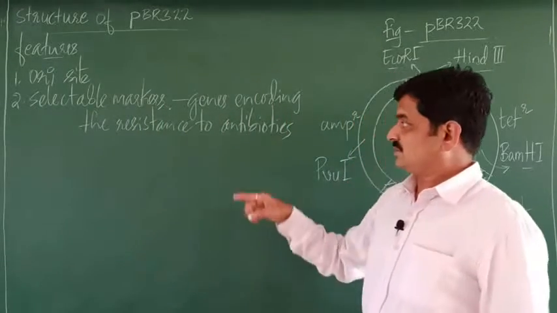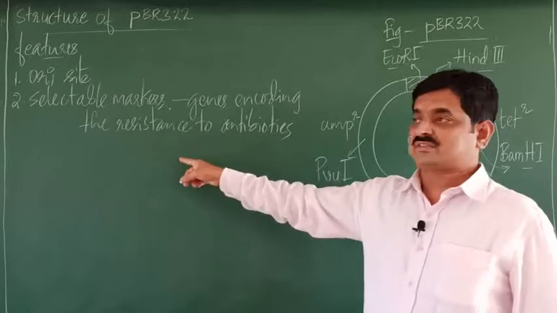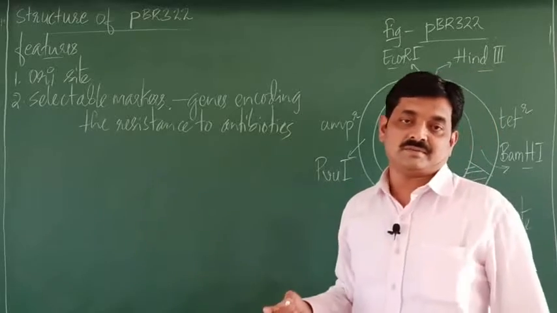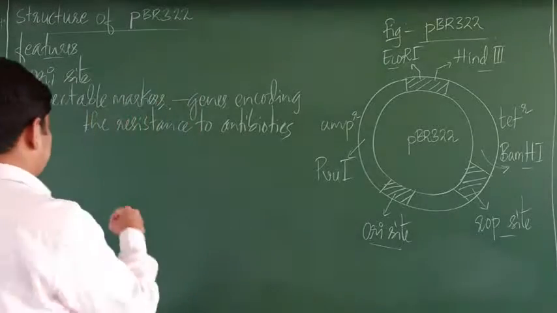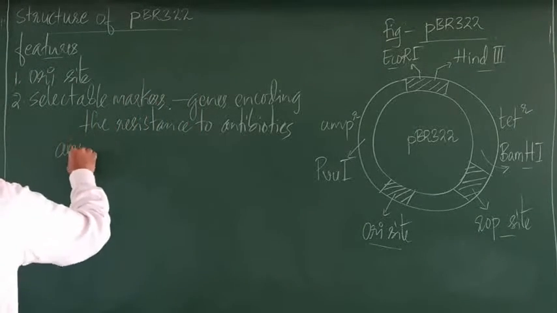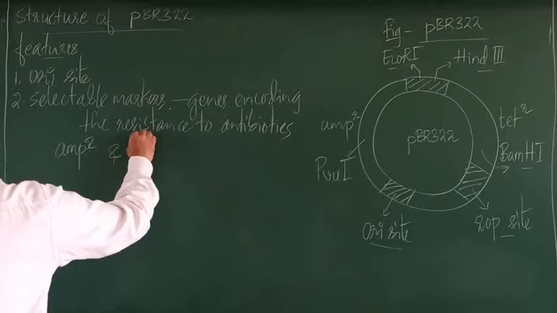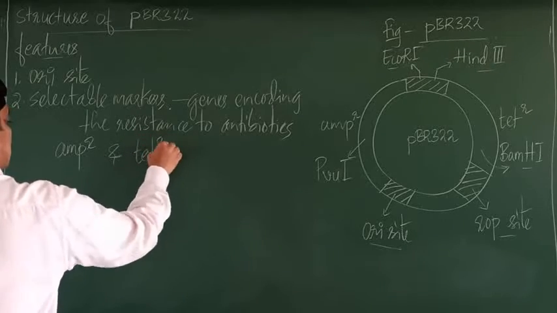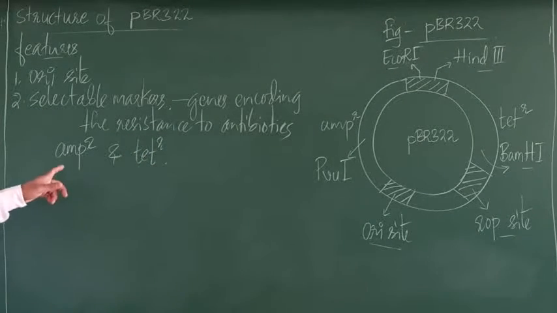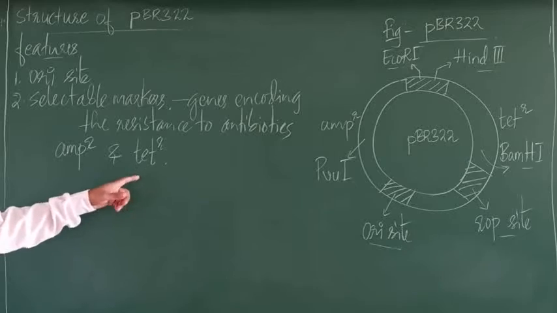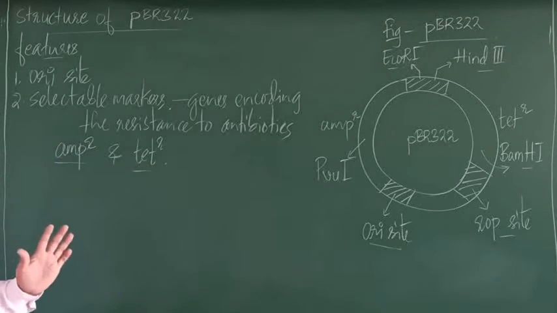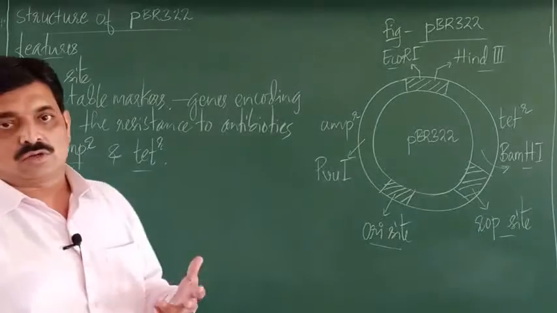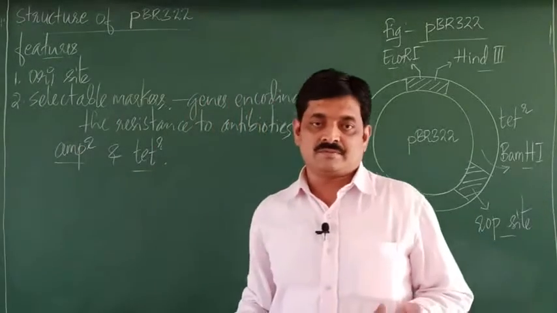So selectable markers are the genes that encode resistance to antibiotics, right? They are represented by these two sites, AMPR and TETR, right? They represent selectable markers. So what is the role of these selectable markers?